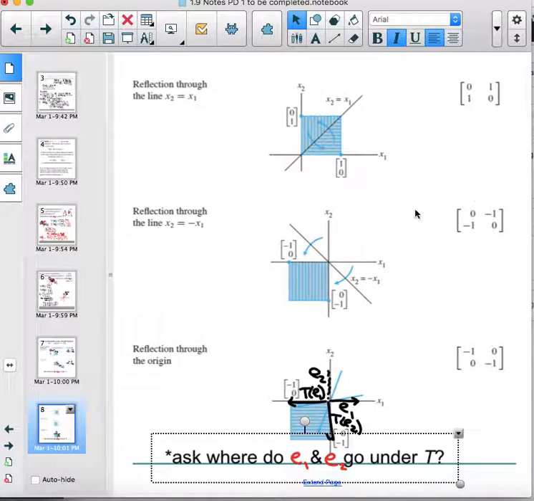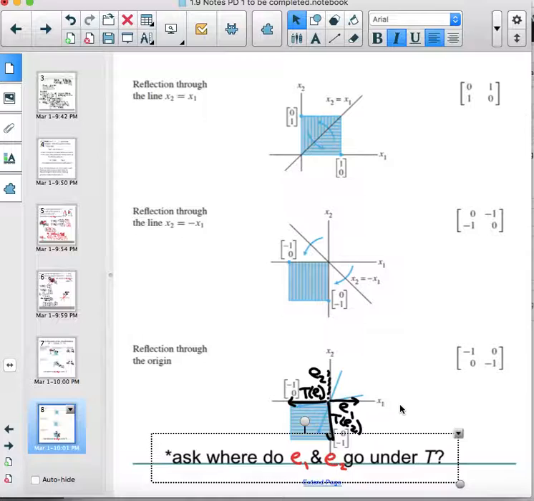This is your new matrix. If you reflect over the line y is negative x, or x2 is negative x1, you'll see these transformations. 1, 0, where does 1, 0 go? It goes to 0, negative 1. And where does 0, 1 go to? It goes to negative 1, 0.